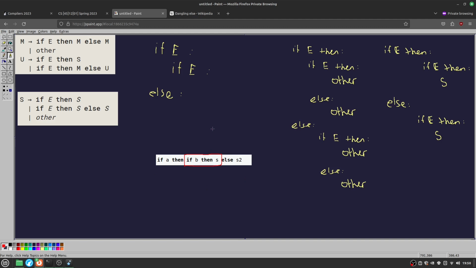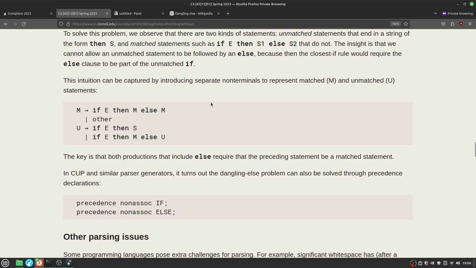So that's unmatched, whereas the outer one should be matched. Both productions do require that the preceding statement be a matched statement.